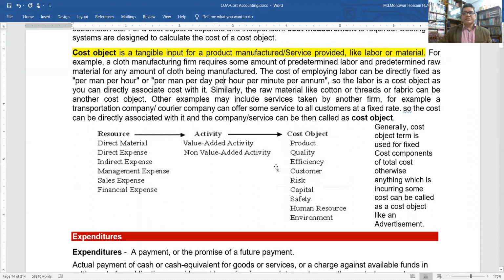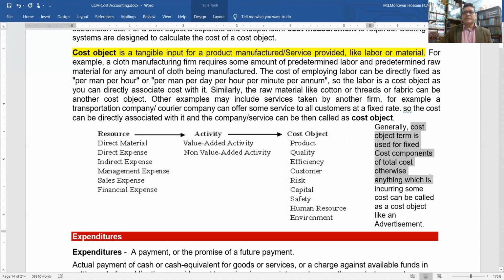So here, if we see resources and come to activities, that means material expense, other things, value-added activities or non-value-added activities, is the cost object. Product, quality, efficiency, customer, risks, capital, etc. So generally, the cost object term is used for a fixed cost component to total cost.